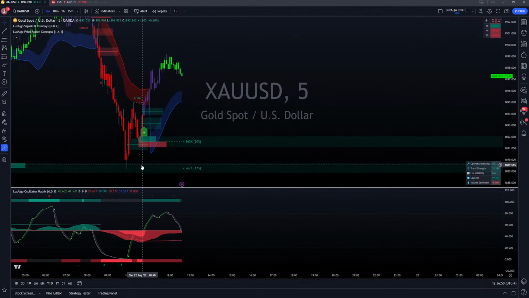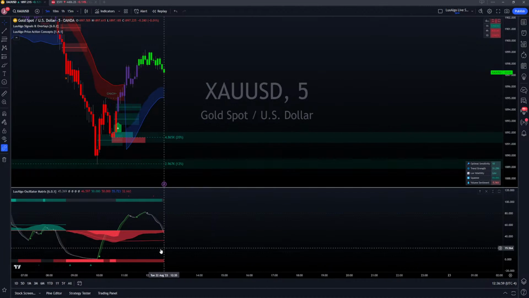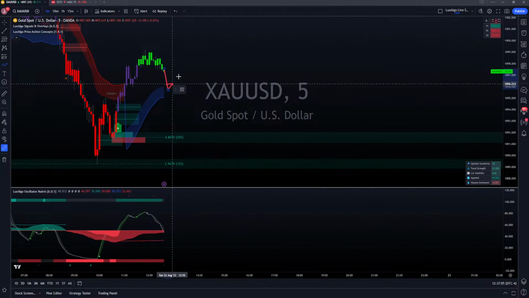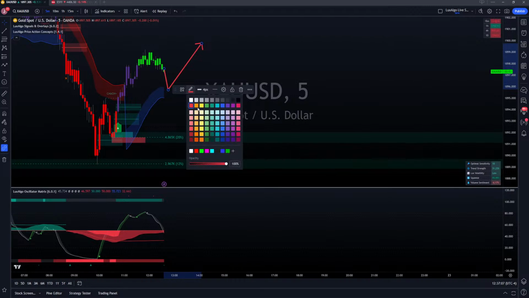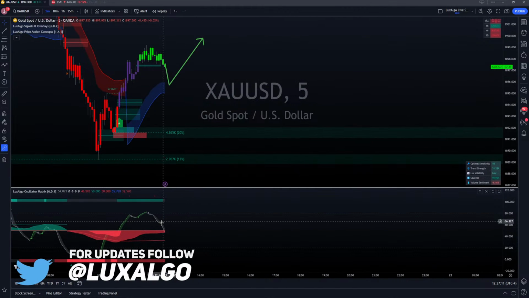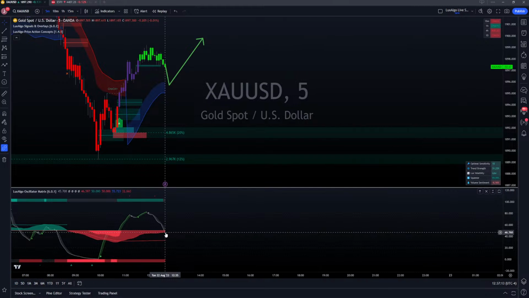So noticing that, plus that change of character, plus the smart trail being broken there and flipping bullish, I am now watching as we approach the smart trail. I'm watching for a retracement bounce here. So I want to see us react off this smart trail, and then my confluence would be a bullish cross on the oscillator.